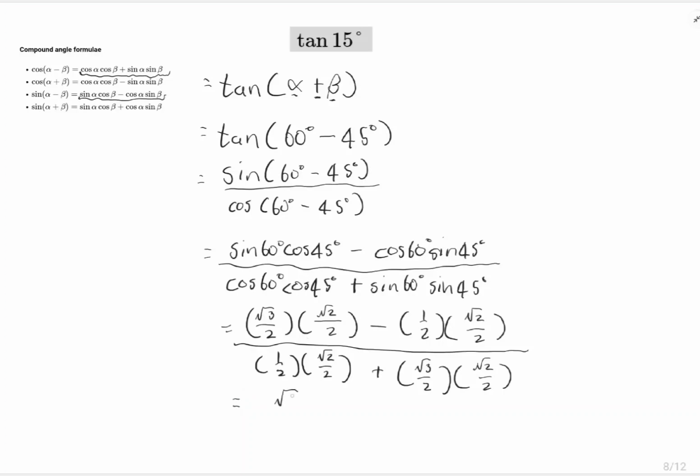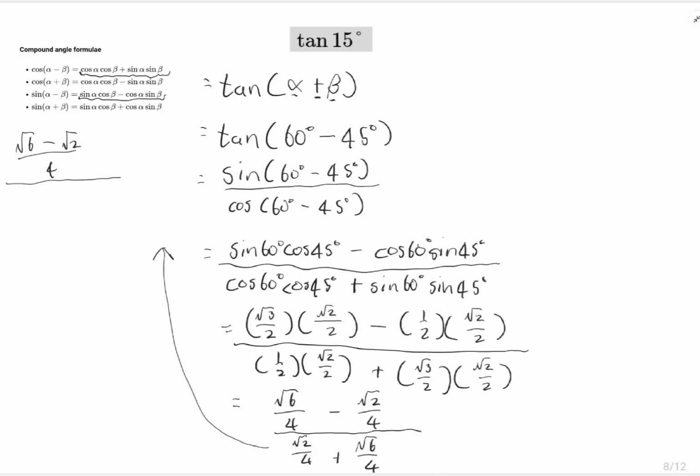It's going to be square root 6 over 4 minus square root 2 over 4, over square root 2 over 4 plus square root 6 over 4. So let's continue on that other side. It's going to be square root 6 minus square root 2, over 4, divided by square root 2 plus square root 6, over 4.